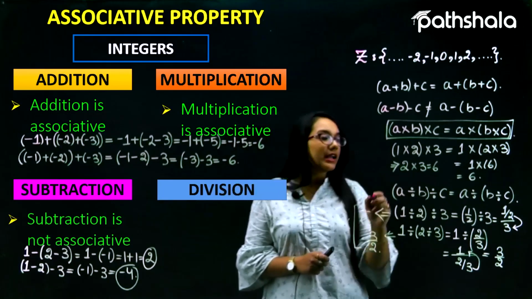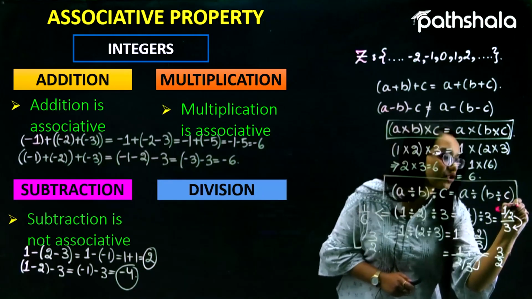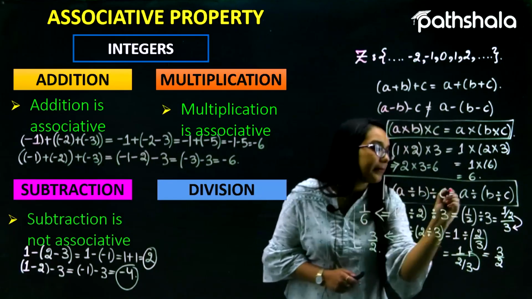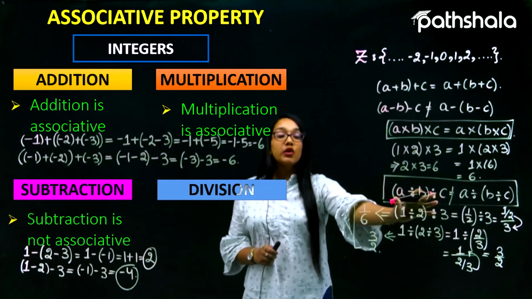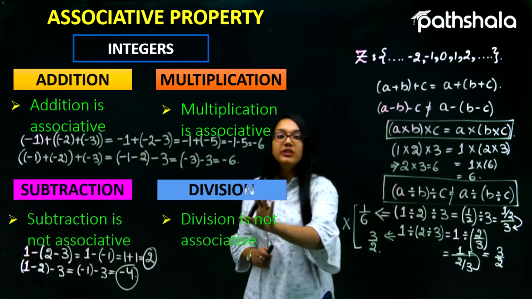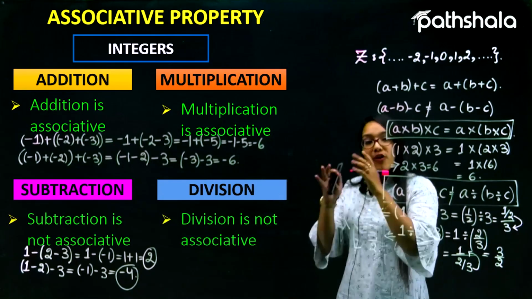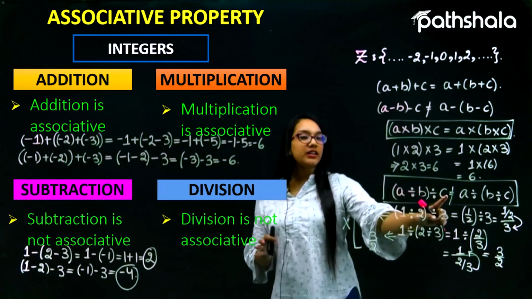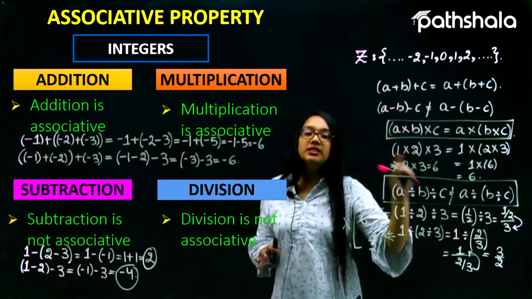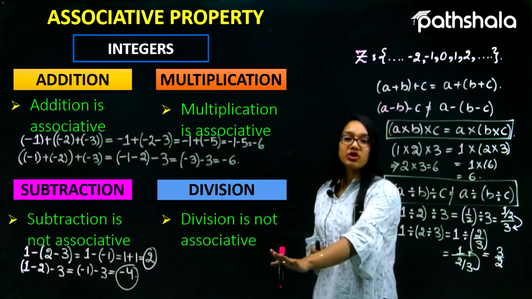It means that A divided by B divided by C and A divided by B divided by C are not equal to each other. If this property does not hold for any three integers A, B, C, it means that division is not associative in nature.